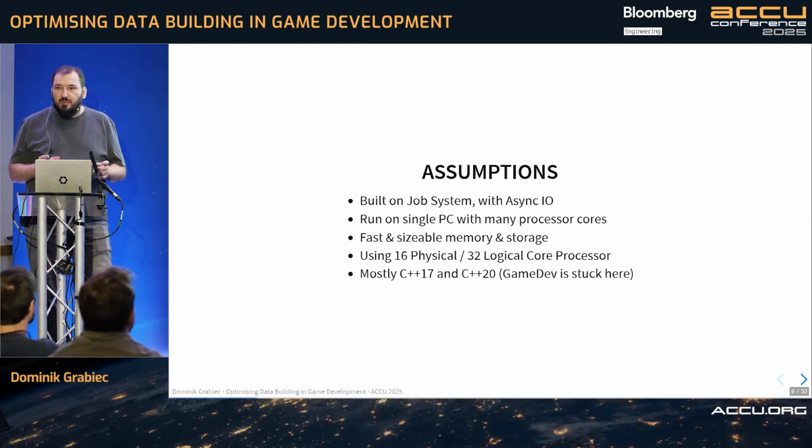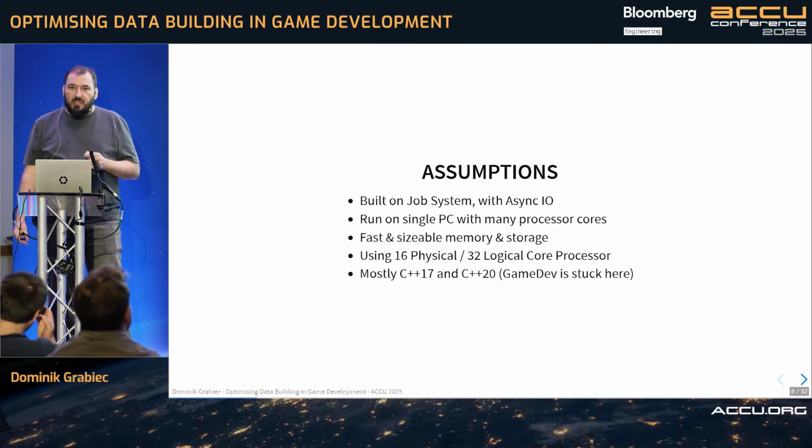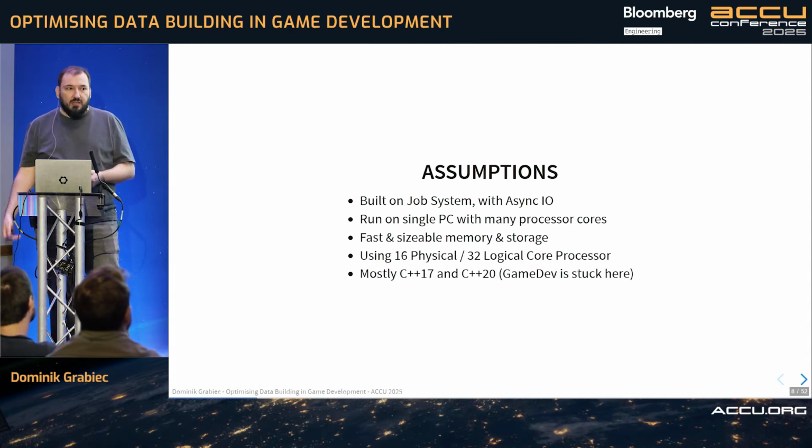Now, this can actually be extended to multiple machines if you need. So just because it's on a single machine, you can use other bits of software to replicate and do different work across other machines. And the other thing is, this is mostly C++17 and 20, because that's where game development is at the moment, at least in AAA, because not all the vendors support the absolute latest standards.